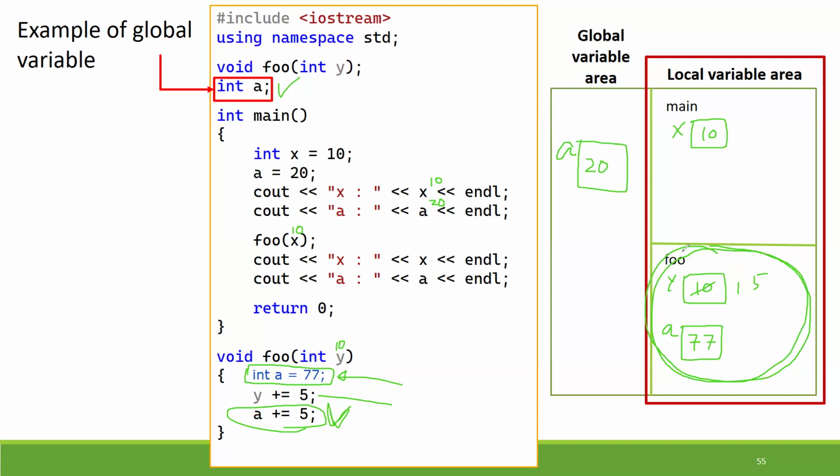In this case, there is an A, right? There is an A. So this A will be incremented by 5. Does it make sense? Always the computer will check for local variable first. If there is no local variable, then the computer will check global variable. Okay, any question about this?